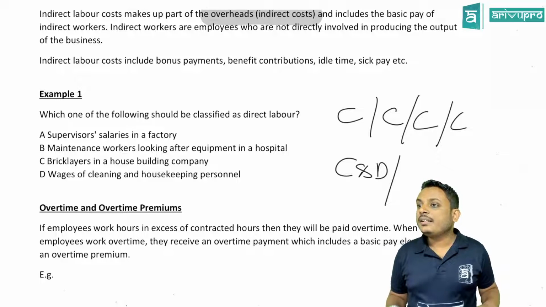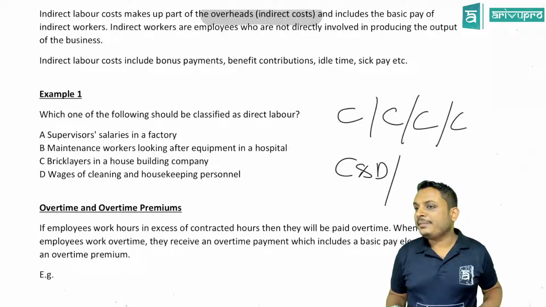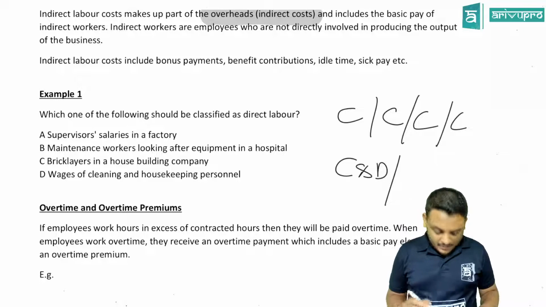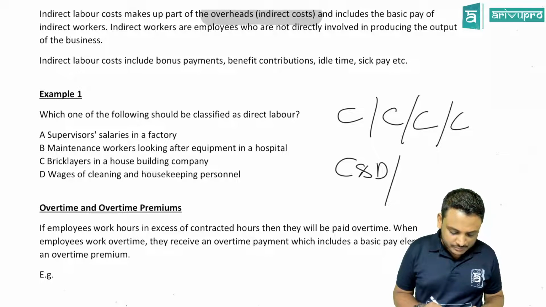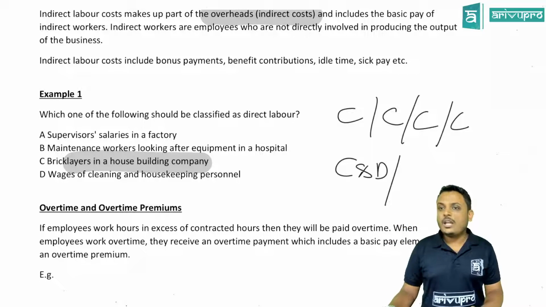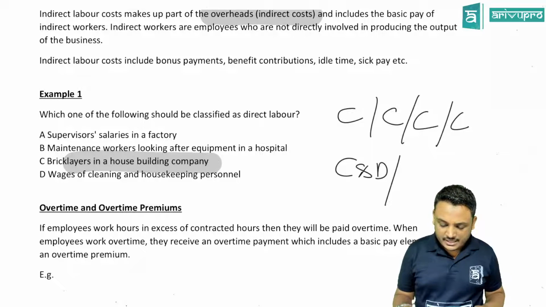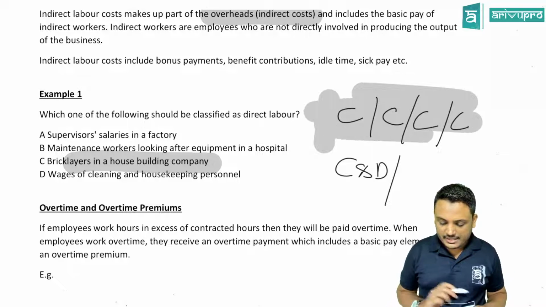Indirect. Bricklayers in a house building company? That is direct. Very good. Wages of cleaning and housekeeping personnel? Indirect. So the correct answer is C.